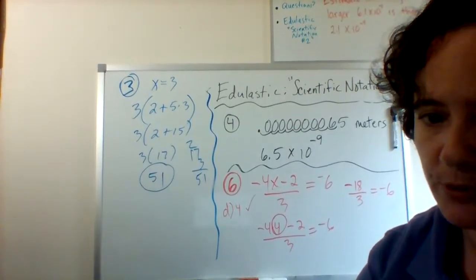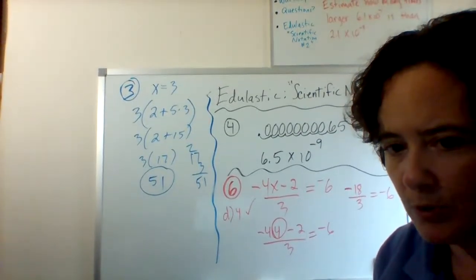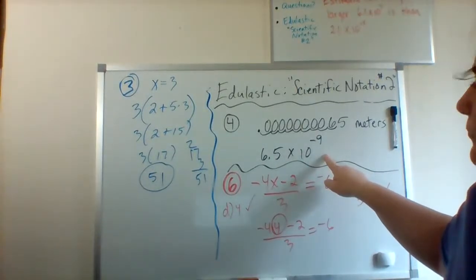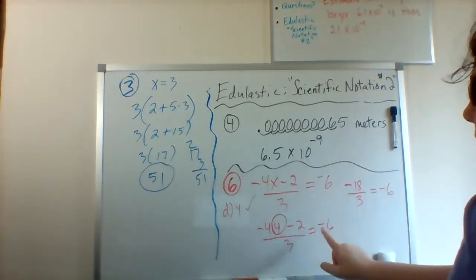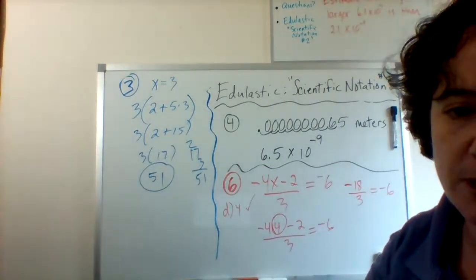Okay, Junior, where you at? Junior, looks good except for number 4 and number 6. Number 4 is right here, and number 6 is right here. I just did number 4 and number 6.